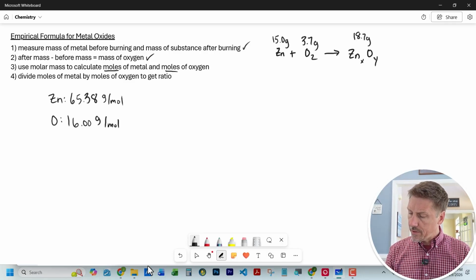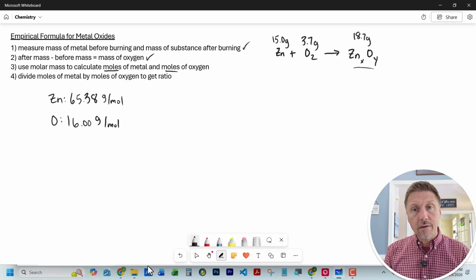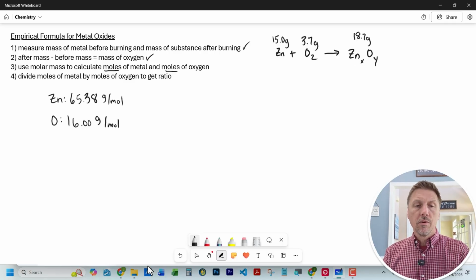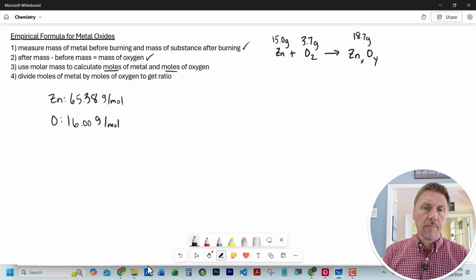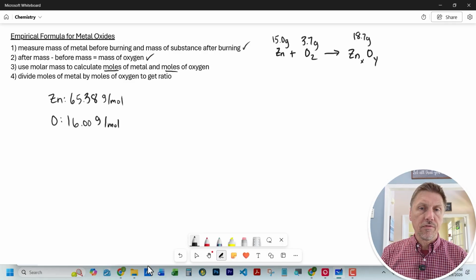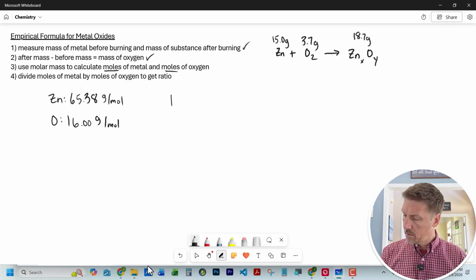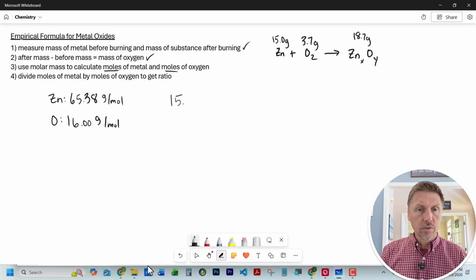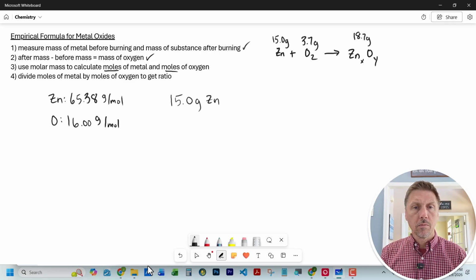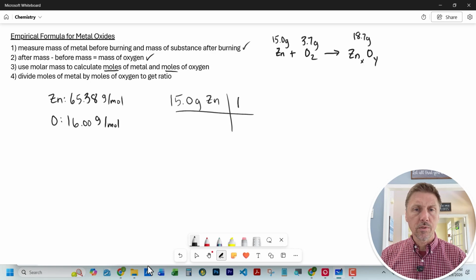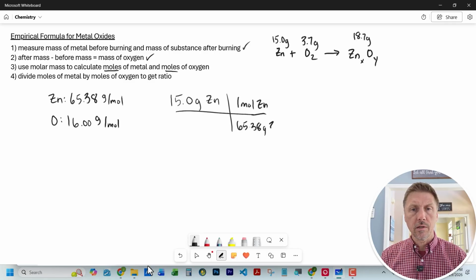And so when we calculate the number of moles that we must have over here, we start off with 15 grams of zinc, right? We multiply that times the molar mass, which says 1 mole of zinc is equal to 65.38 grams of zinc.